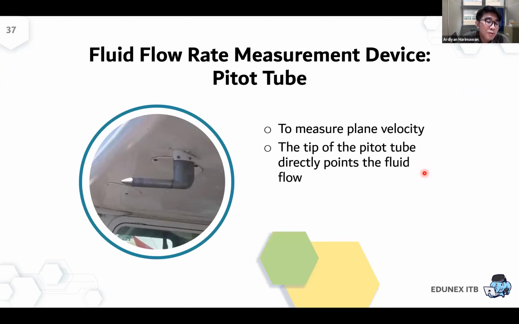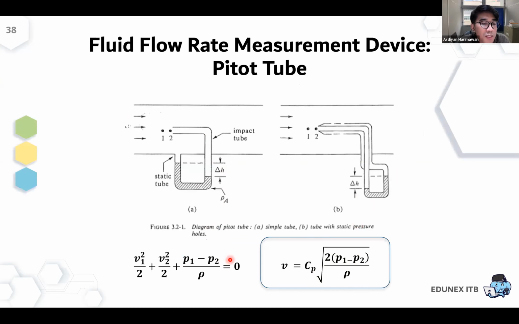Okay, and we also have discussed the application of the Bernoulli for some kinds of measurement devices. What kind of measurement? The fluid flow rate, so the velocity or the volumetric flow rate, by using the Bernoulli equation. It depends on the arrangement of the equipment.